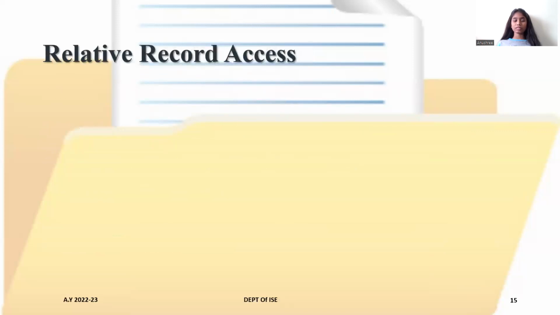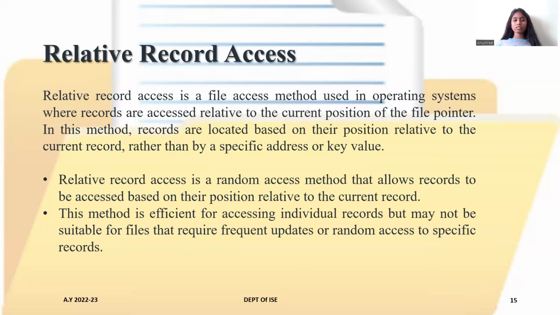We have another method, that is relative record access. Relative record access is a file access method used in operating systems where records are accessed relative to the current position of the file pointer. In this method, records are located based on their position relative to the current record rather than by a specific address or a key value.